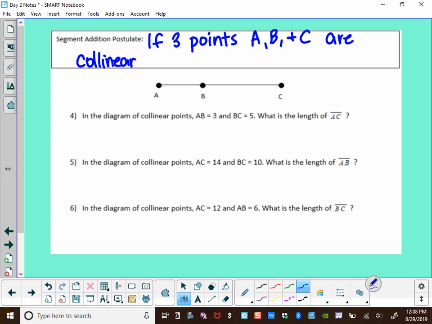Good. So if 3 points A, B, and C are collinear, then B is between A and C. Kind of makes sense. If they're all collinear, then that means that B has to be in between A and C.